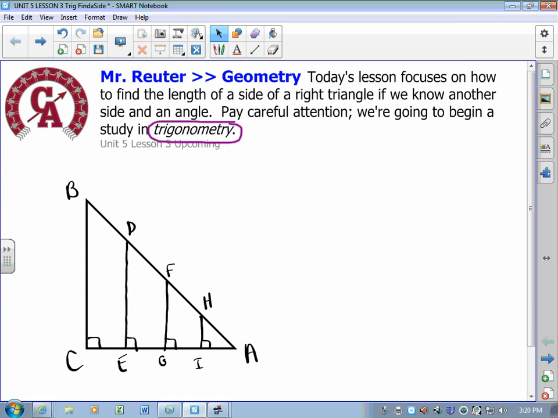What do you notice about triangle HIA, triangle FGA, triangle DEA, and triangle BCA, the big one? Well, I noticed that those triangles are all the same shape, but they appear to be different sizes.